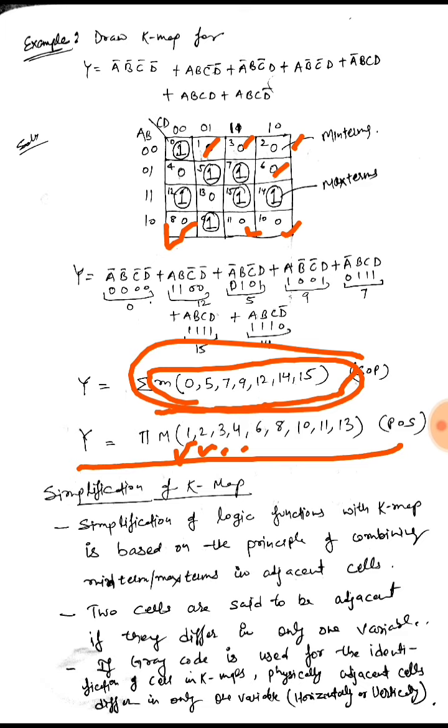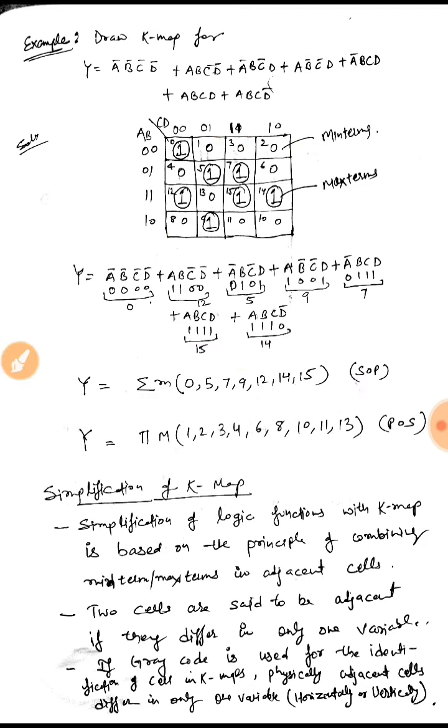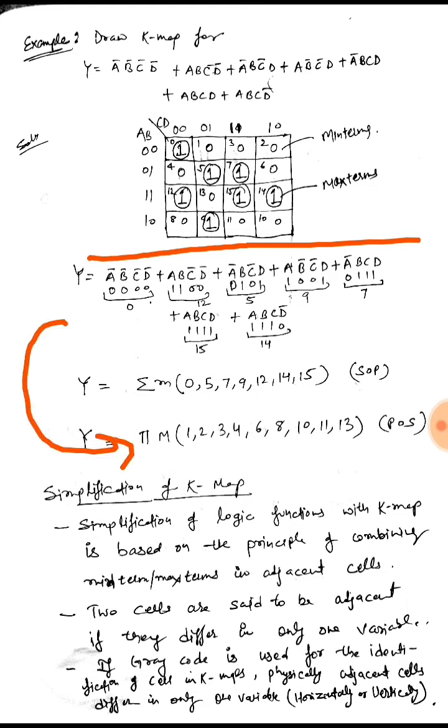The remaining cells I have put 0 in to represent the function in the form of POS, product of sum form. If I take the complement of this function, which is in the SOP form, I will get my function in the POS form. Okay, so this is how we can represent a logical function in a K-map.